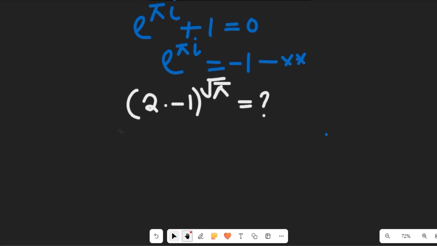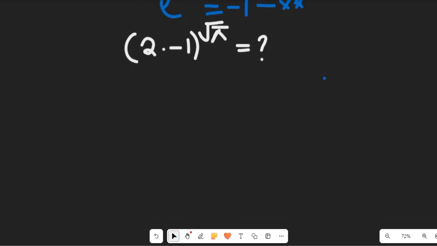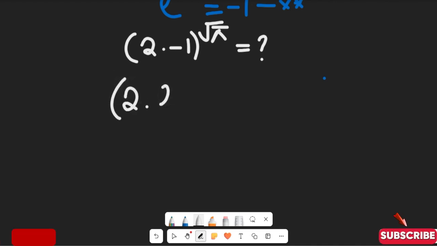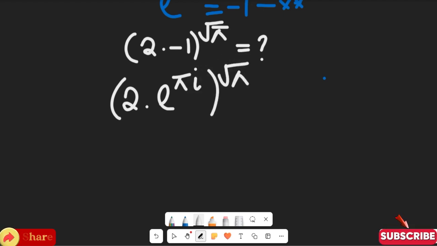So that will now make the expression 2 multiplied by the exponent of pi j, all multiplied by the square root of pi, and this will give us what as a solution?